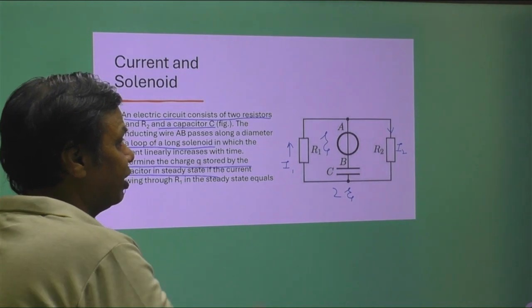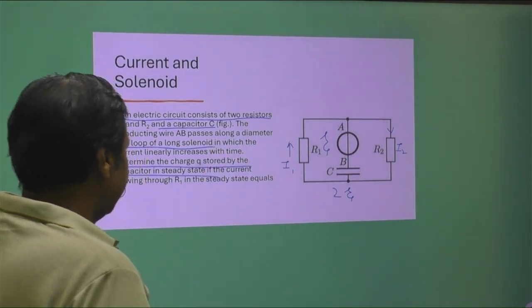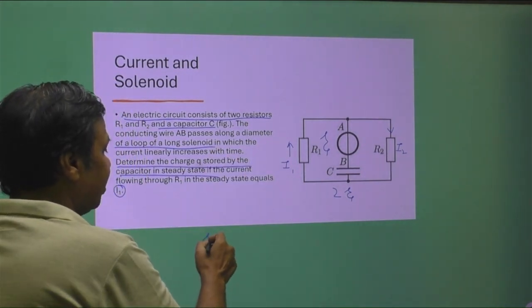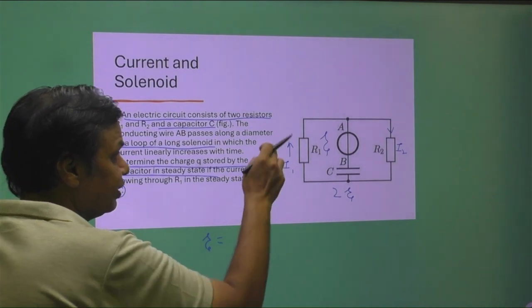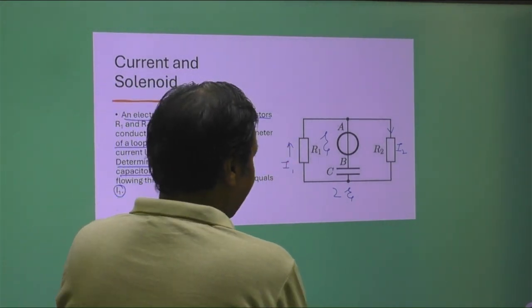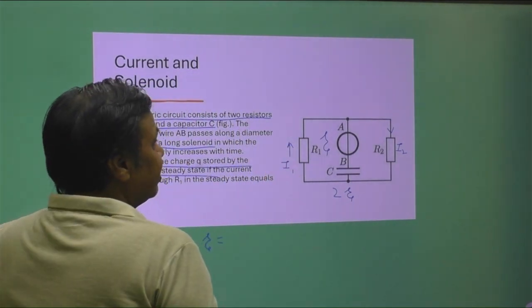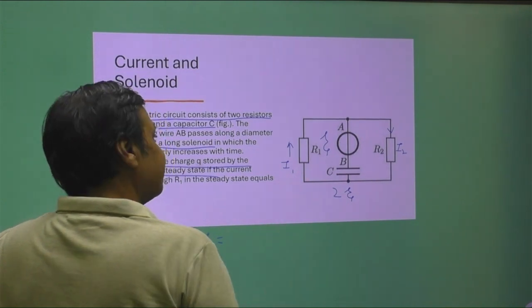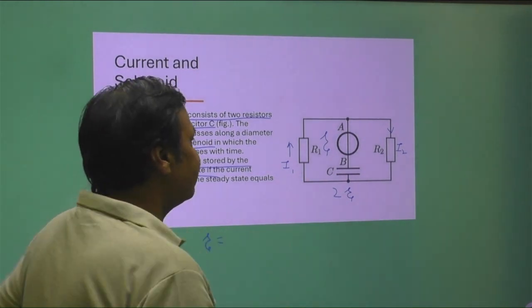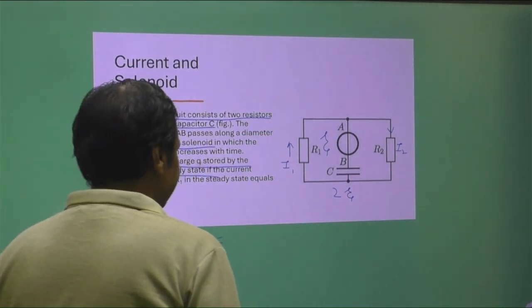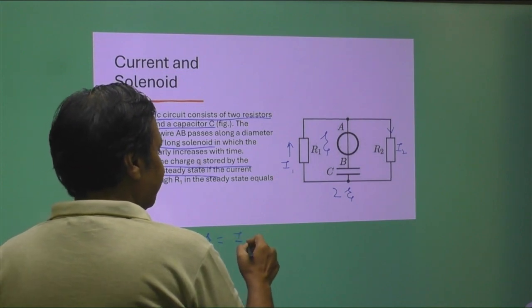For the left loop, this E is being used by the capacitor and this resistance is only R1. The wires haven't got any resistance of any kind, so that will be I1 R1 plus Q by C.